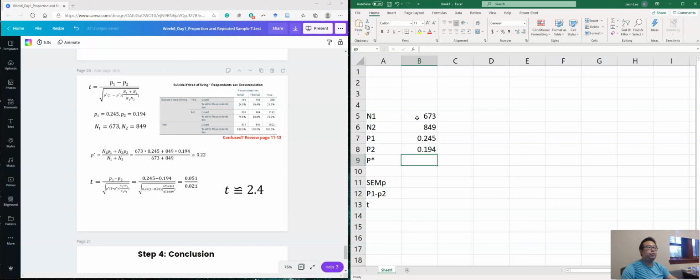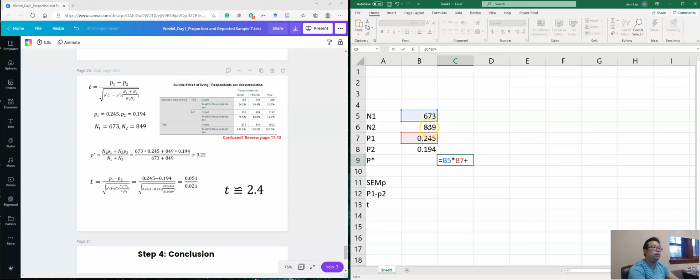So let's make the numerator here, wherever is more convenient. The numerator is N1 multiplied by P1 plus N2 multiplied by P2. So you need to start with equals, 673 as N1 multiplied by P1. So that will be here.